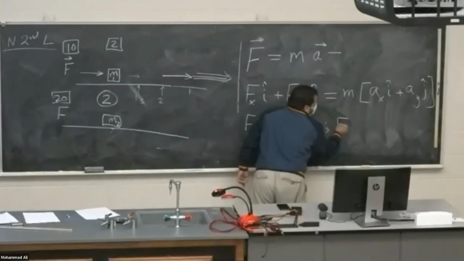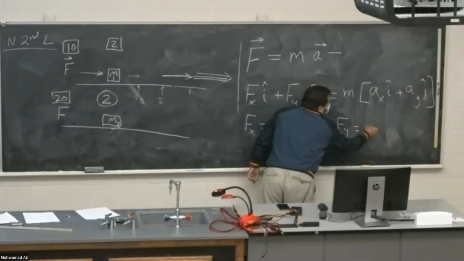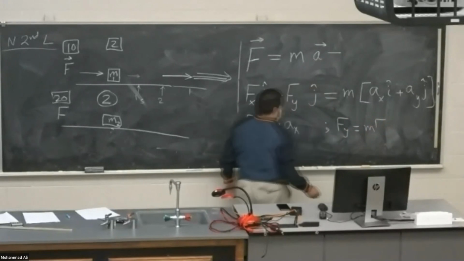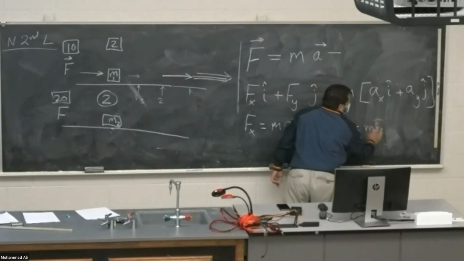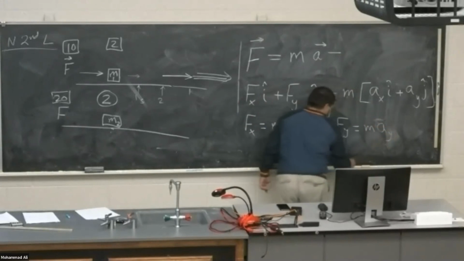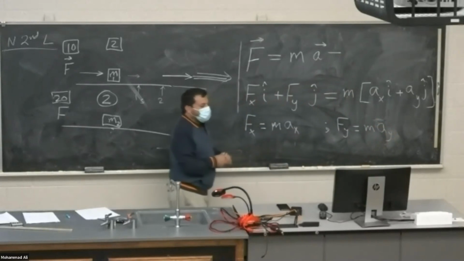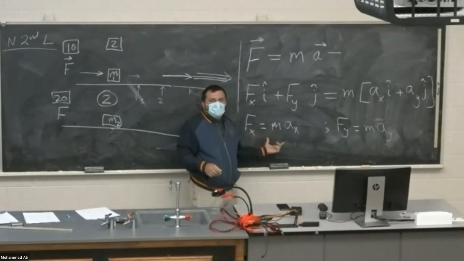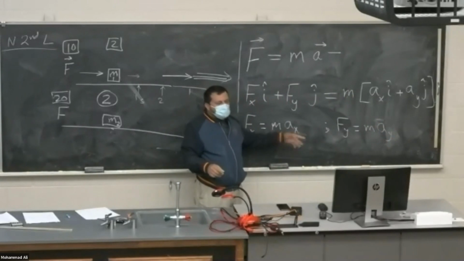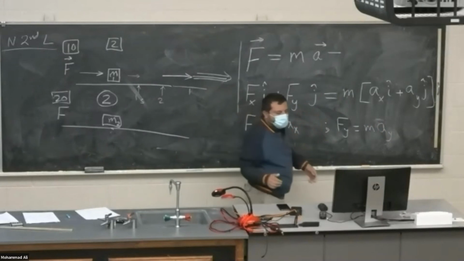Also, Fy is equal to m Ay. Right? Now these are scalars. These are the components, x and y, just the components.